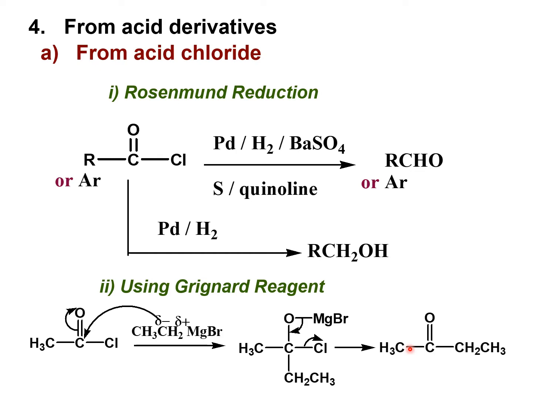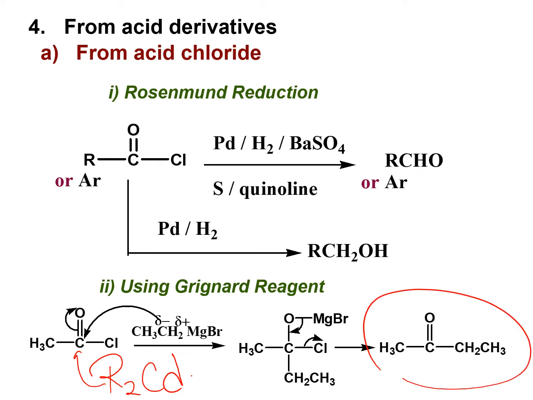However, as we mentioned, this reaction is not selective and it might not stop at the ketone or the aldehyde produced, and it might proceed to give the tertiary alcohol, and it's better to use something like dialkyl cadmium, which is only selective to acid halides and will not react with the produced ketone.